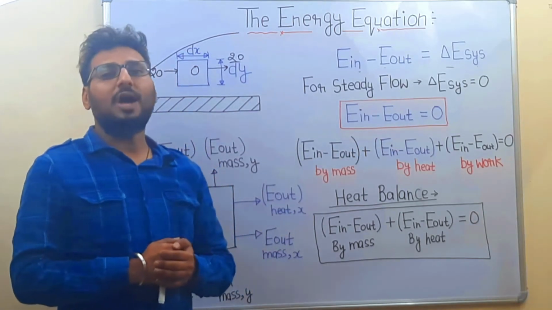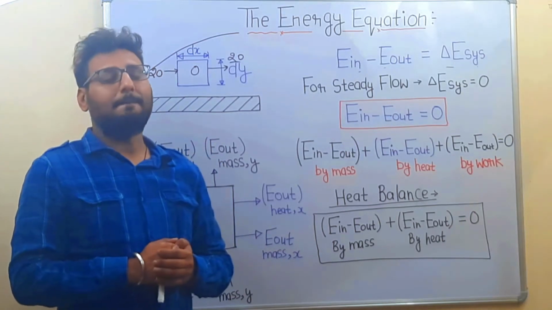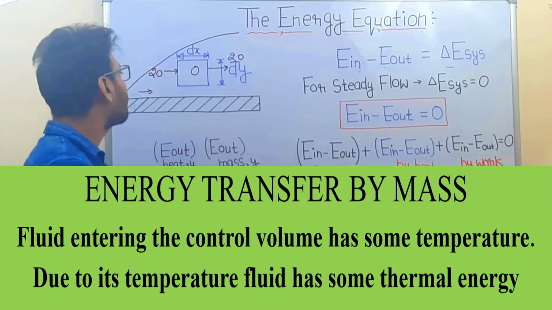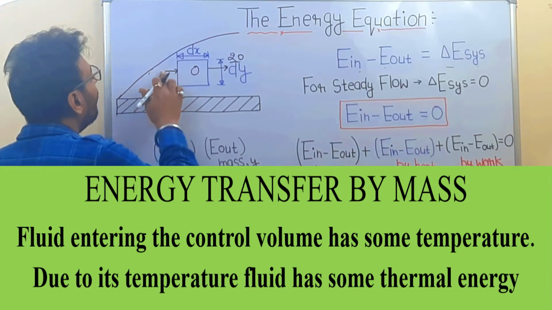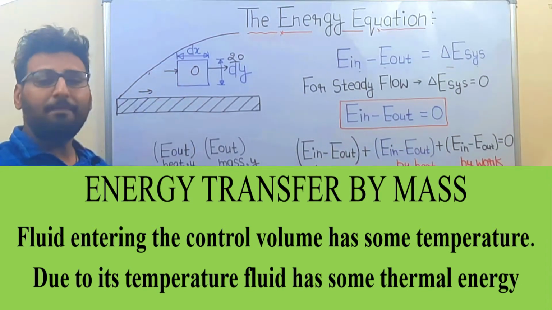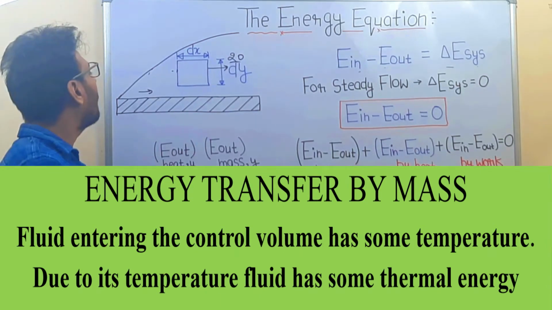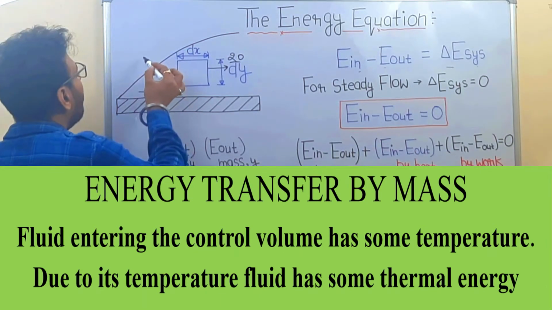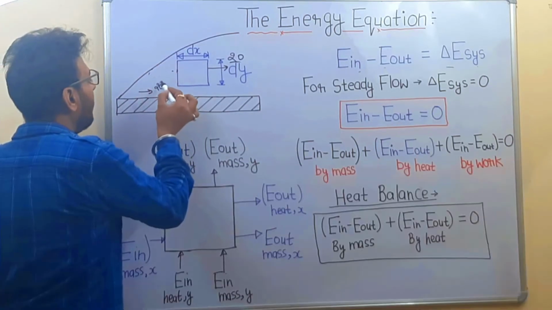First of all, we are going to discuss how energy is transferred by mass. Now, the fluid which is entering the control volume has some temperature. Suppose the fluid entering the control volume has a temperature of 20 degrees centigrade.